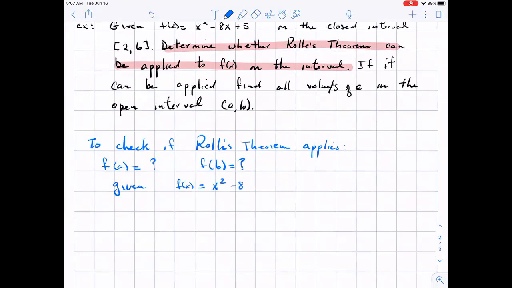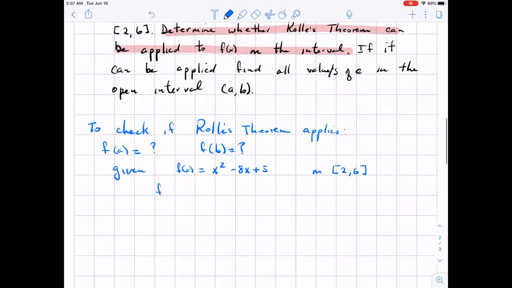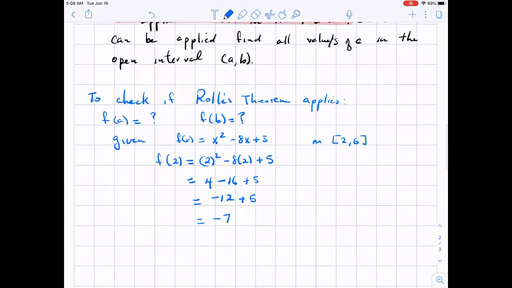Given f(x) equals x squared minus 8x plus 5 and the endpoints 2 and 6, f(2) is 2 squared minus 8 times 2 plus 5, which is 4 minus 16 plus 5, which is negative 12 plus 5, and this is equal to negative 7.